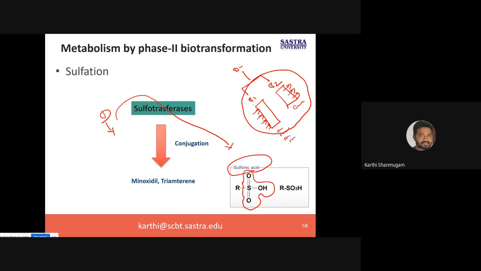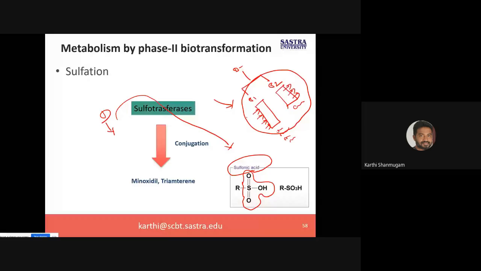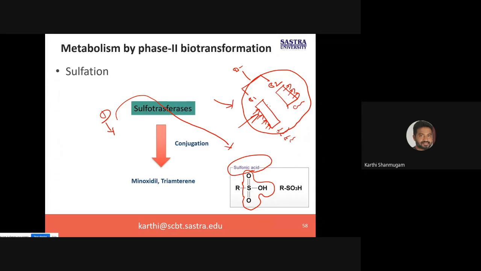There are certain drug molecules which may not undergo either phase 1 or phase 2 metabolism, because they may already be highly polar and can easily be excreted through urine. There are certain drug molecules which first undergo the phase 1 reaction, then the product of the phase 1 reaction may enter into the phase 2 reaction, and finally the product of the phase 2 reaction can easily get dissolved in water and eliminated from the body.